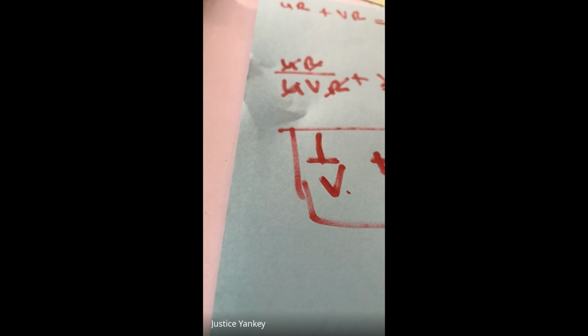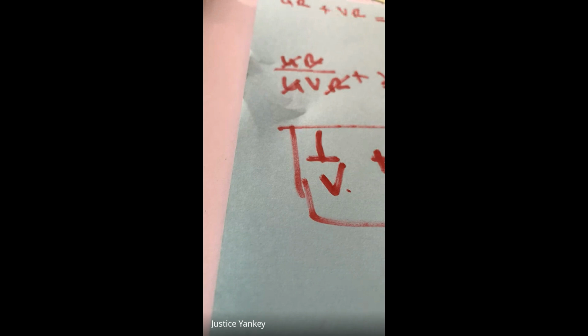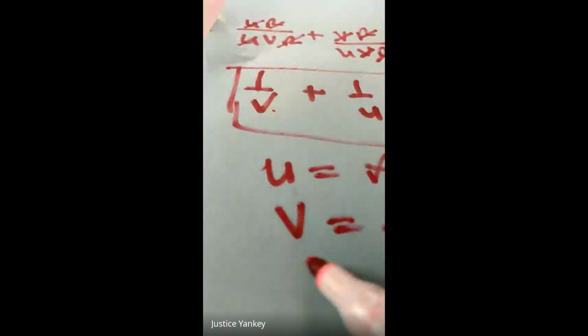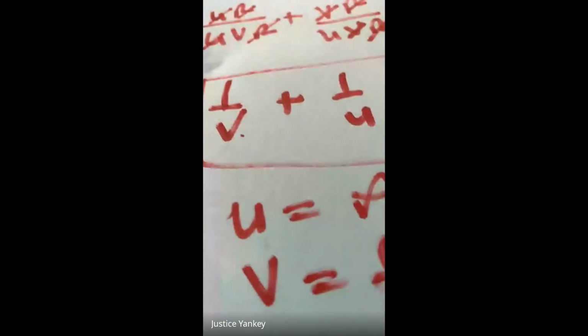Now I want to simplify this one further. We noticed in our discussion that when U is infinity, V will be at F. When the object is at infinity, the image distance is F. That is what we noticed from our ray diagrams.